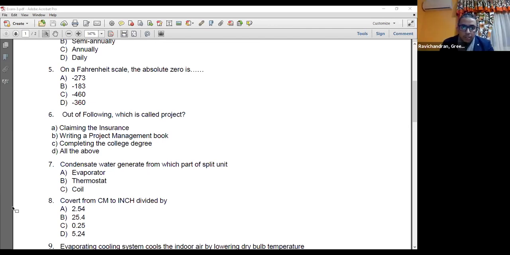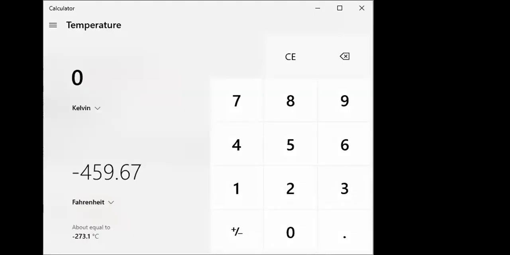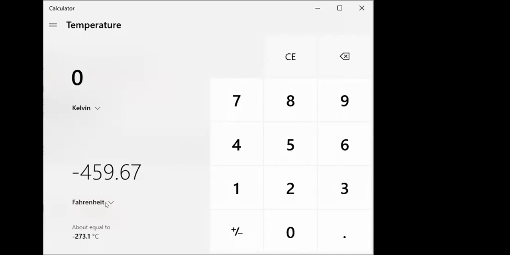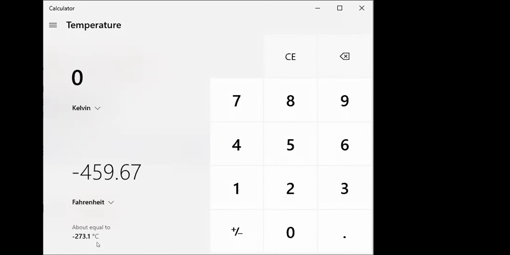I opened the calculator here. I will show you. The screen did not show? You see? So you put 0 Kelvin, minus 460 Fahrenheit. Sir, click in the Kelvin area, the down arrow of Kelvin.